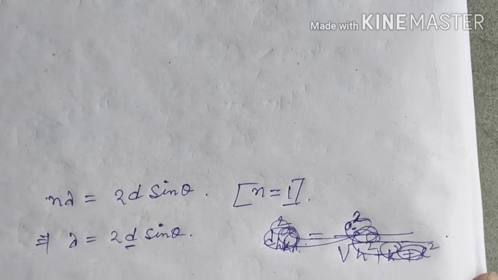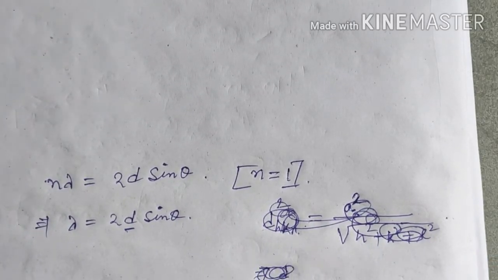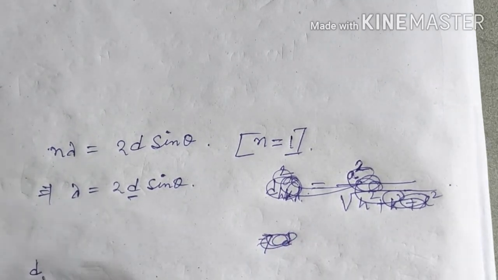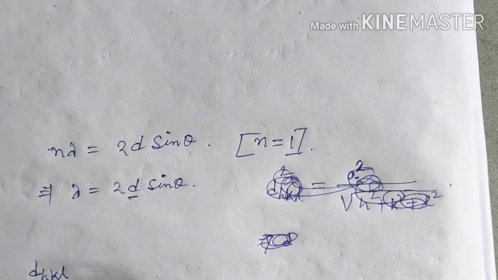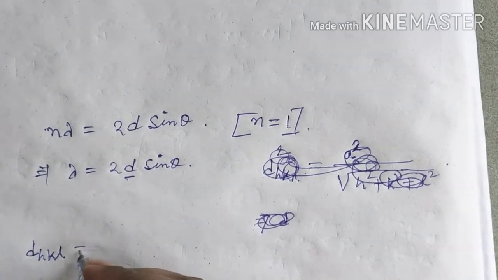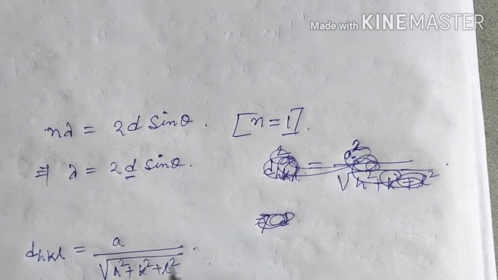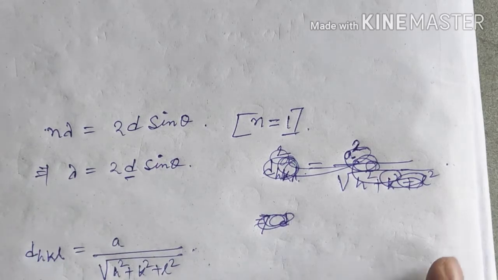Now from the formula of interplanar distance for given Miller indices, we can write the interplanar distance for Miller plane HKL is equal to A divided by root over of h square plus k square plus L square. A is the side of the unit cell.